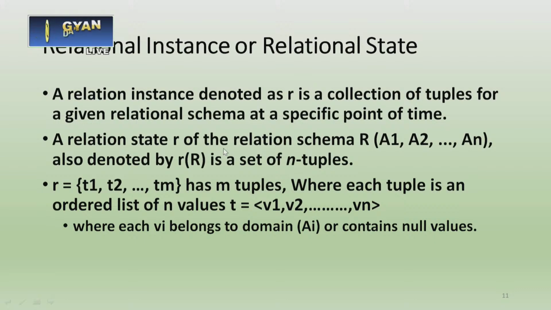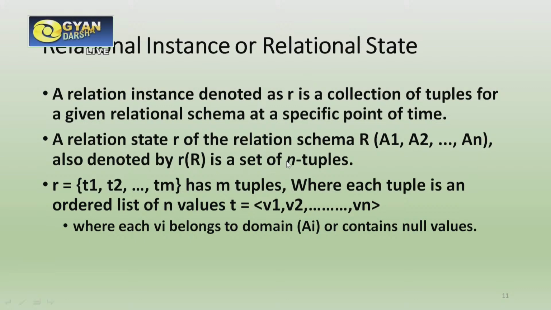A relational state of relation schema R(A1, ..., An) is denoted by small r(R). So small r is an instance of a relation whose schema is capital R, and it is a set of m tuples.